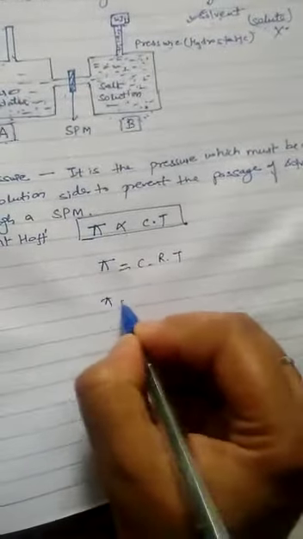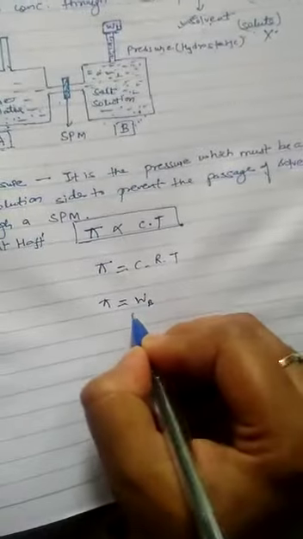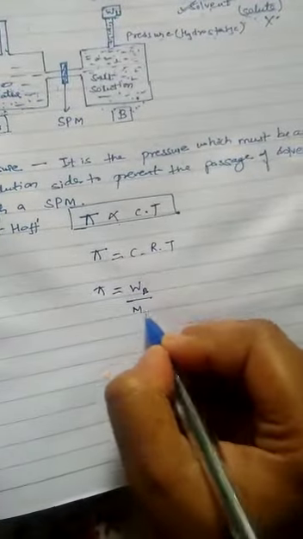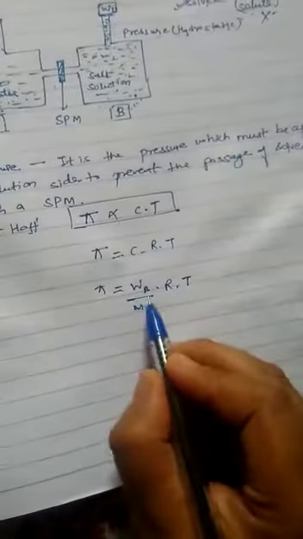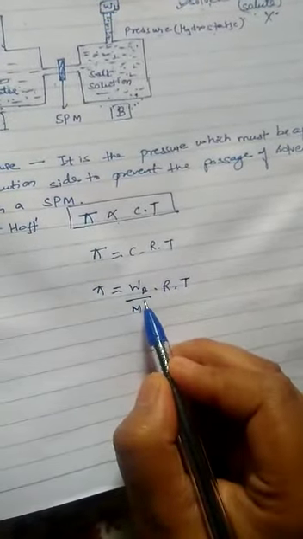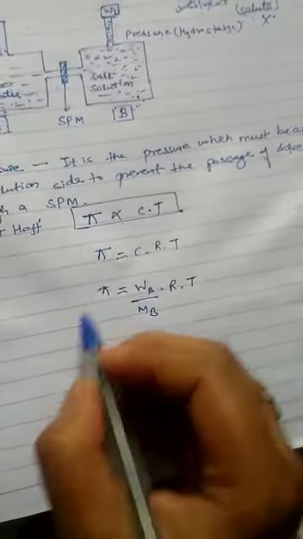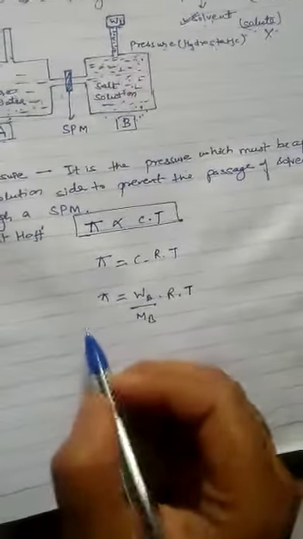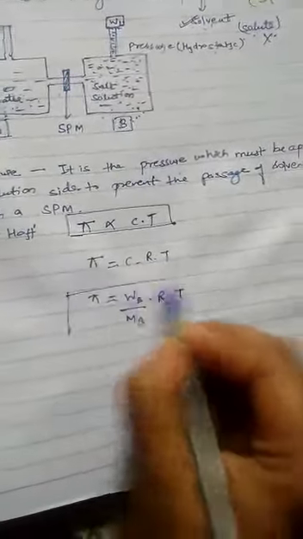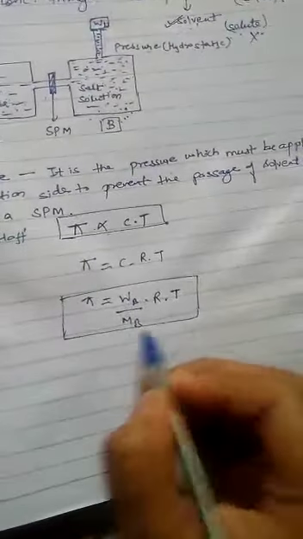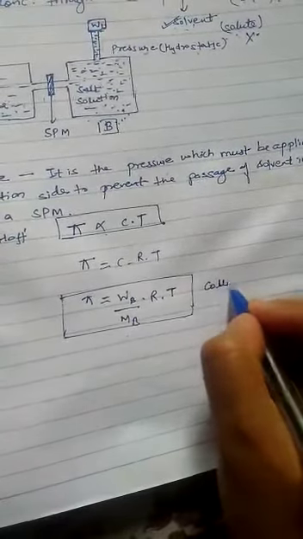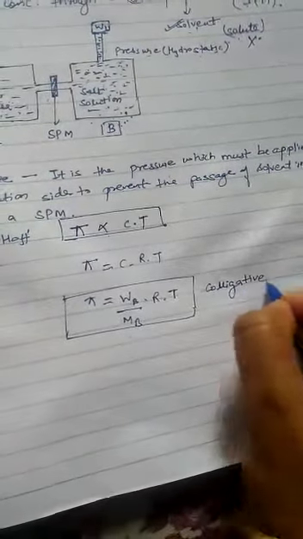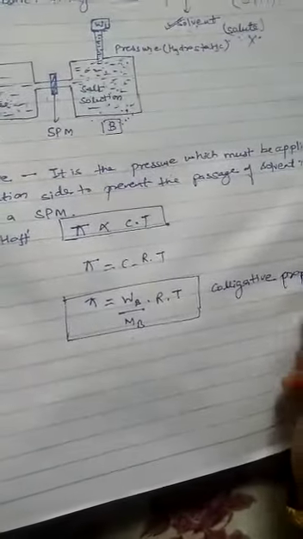Now this π can be written as (WB/MB) × RT, that is, in terms of concentration, weight of solute divided by molar mass of the solute. As this property depends upon the number of moles of solute particles, osmotic pressure is also a colligative property.